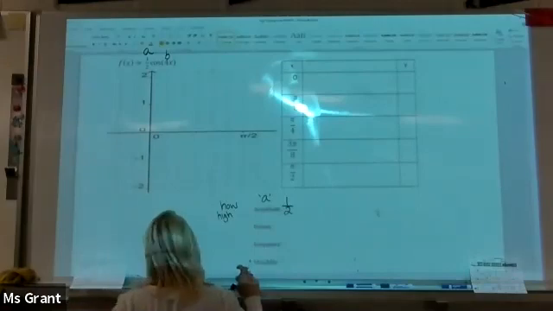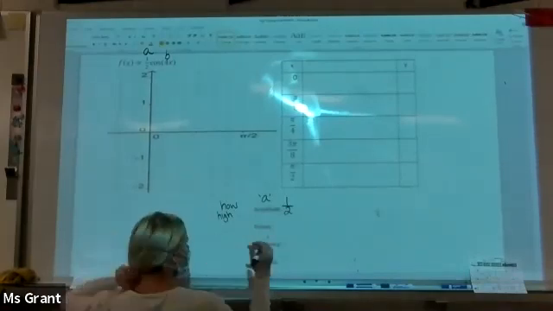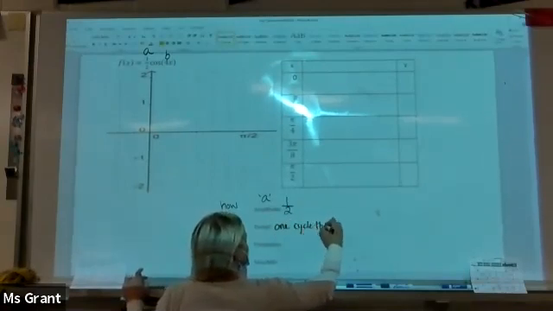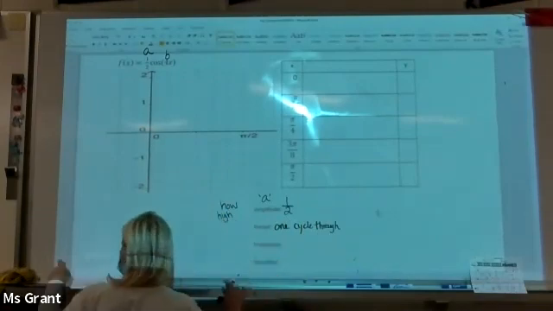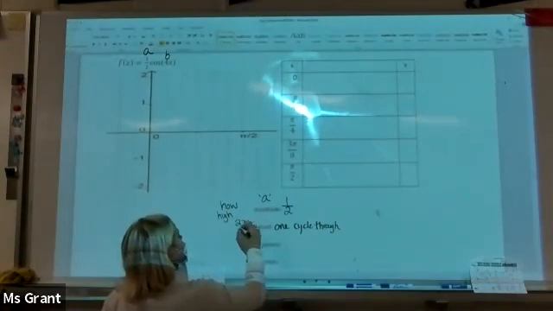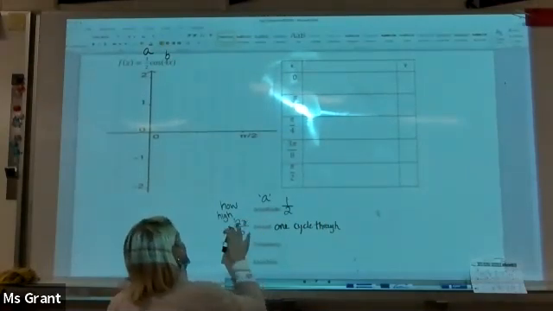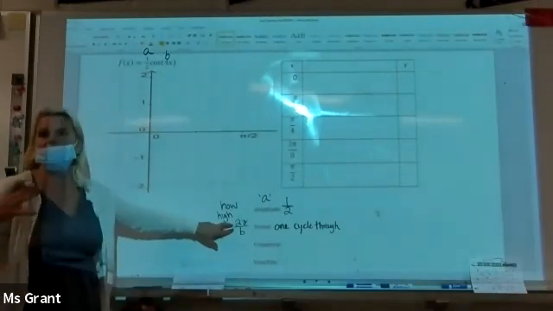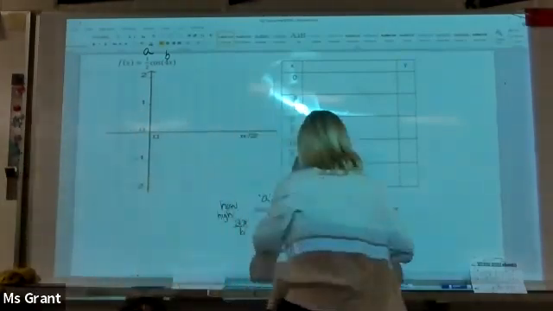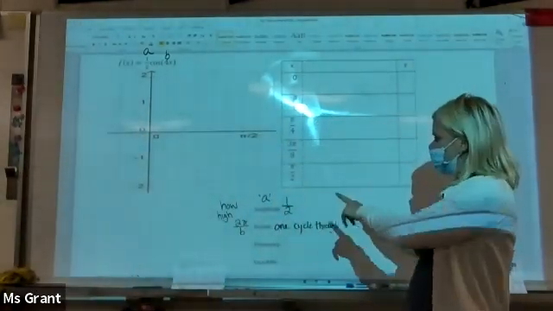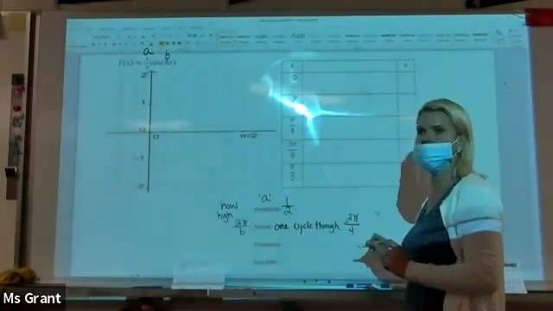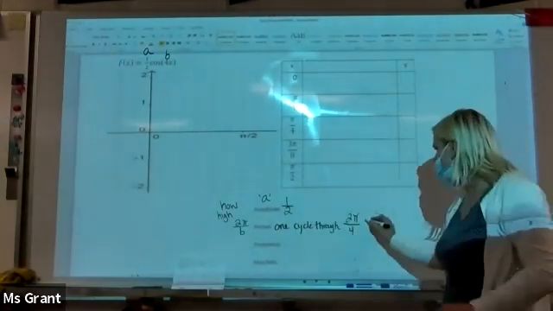My period is one cycle through. My period is also denoted by 2 pi over whatever B is. This is the formula you use to find the period. My B is 4, so I do 2 pi over 4, which gives me pi over 2.